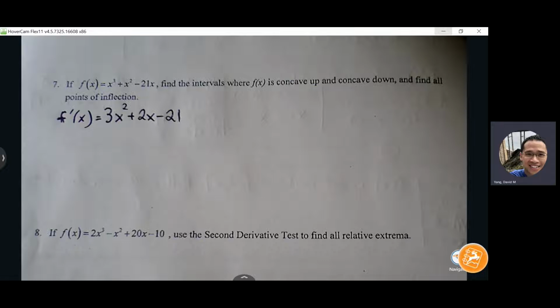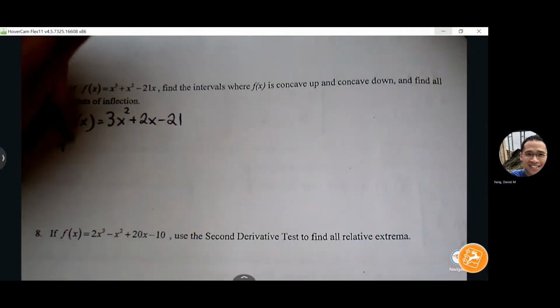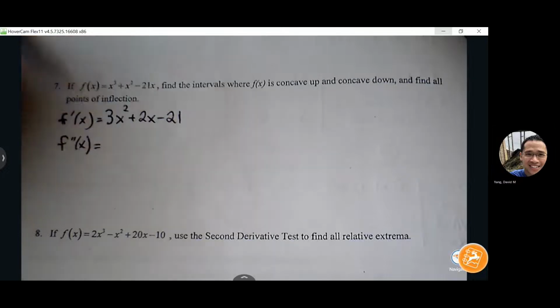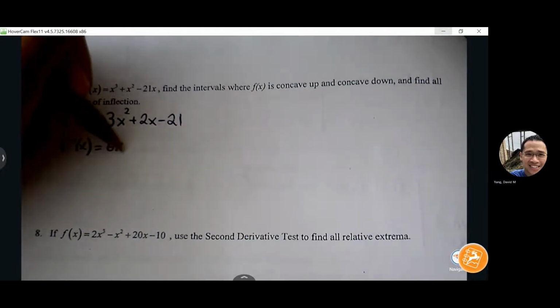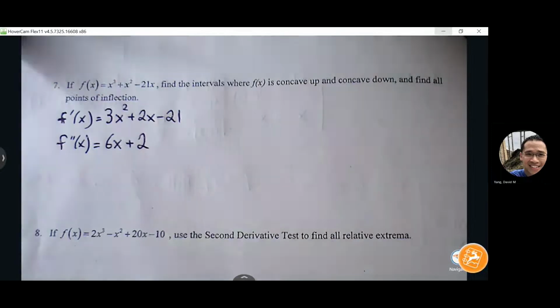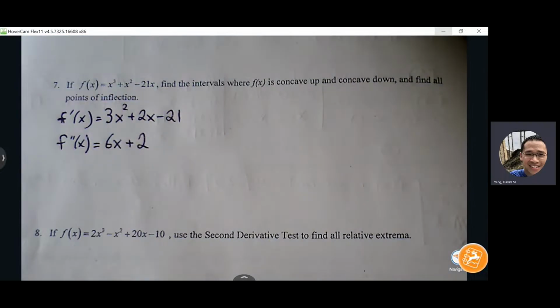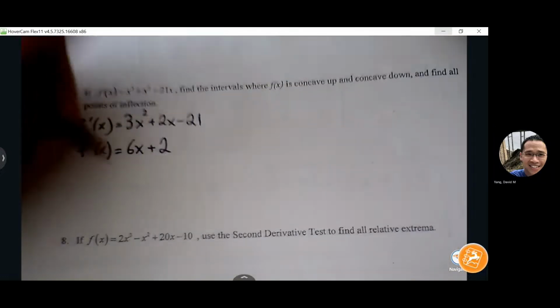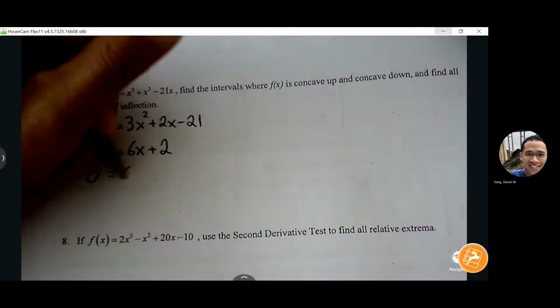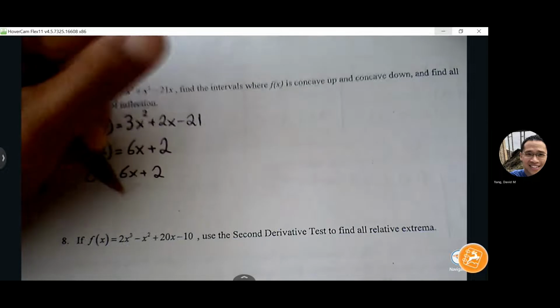From f prime, we keep going to f double prime. Find our critical values, critical points: set our second derivative equal to 0. Solve for x.